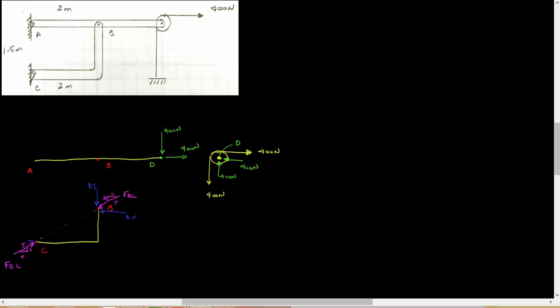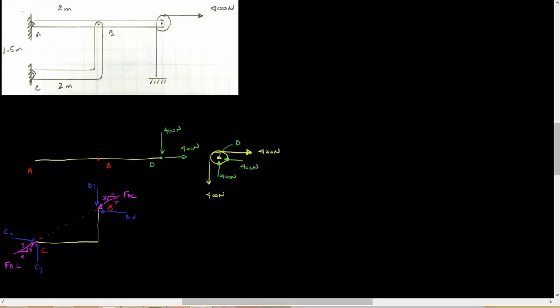And the same thing down here, CX and CY. So looking at this, we know that CY is equal to BY and CX is equal to BX. Now, transferring this back up into our member ABD here, I have opposite and equal.